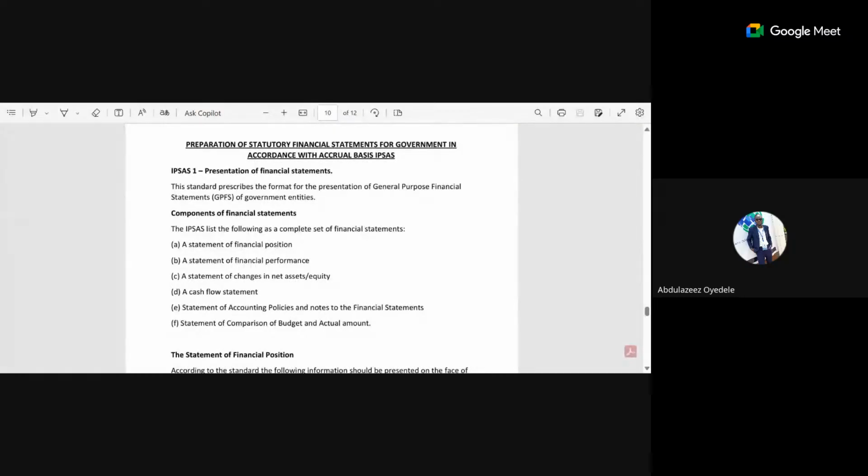And then the major thing that differentiates it from the private sector one is that in the private sector, when you prepare it, what you finally get at the end of the day is what? Your profits or net profits or profit after tax or any way you want to call it. Well, in this case, because it's the public sector and they are not entities that are meant to make profit, what you get is surplus.